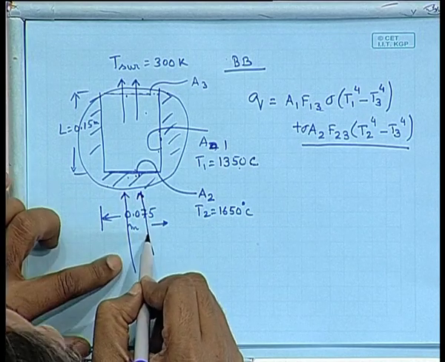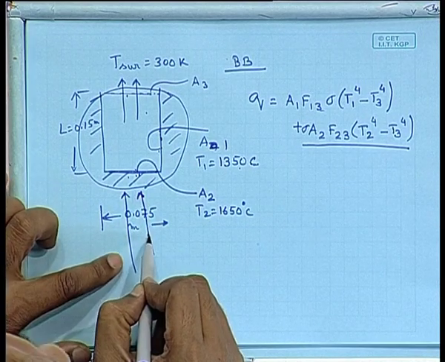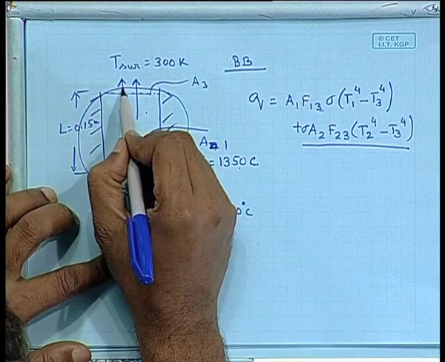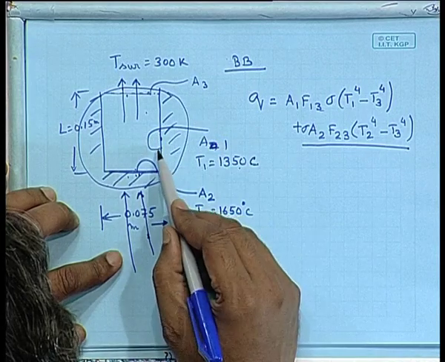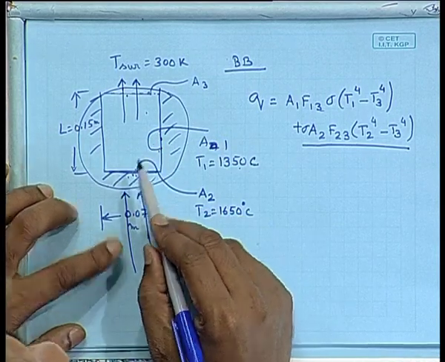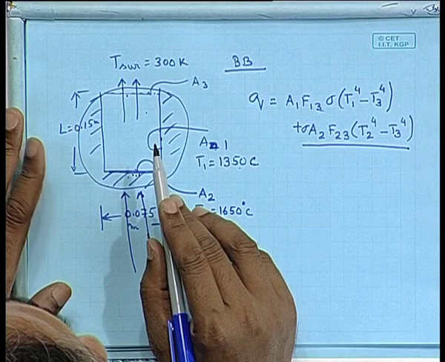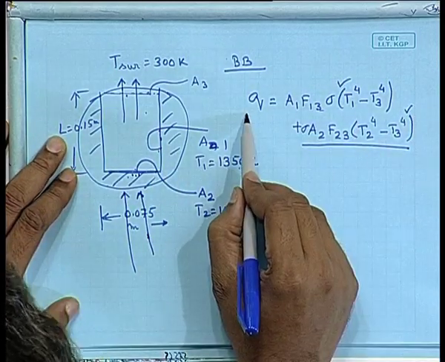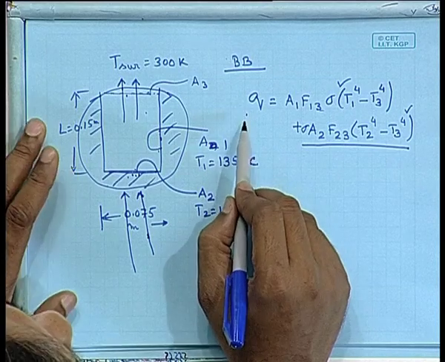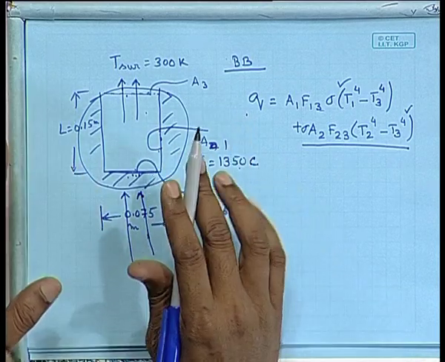The amount of energy that I have to add from outside must be equal to the amount of energy that is leaving the control volume, and definitely the interaction between 1 and 2 is not leaving the control volume. So, these two terms would be sufficient to calculate the total amount of energy that I need to add to the control volume, which in this case is the cavity.